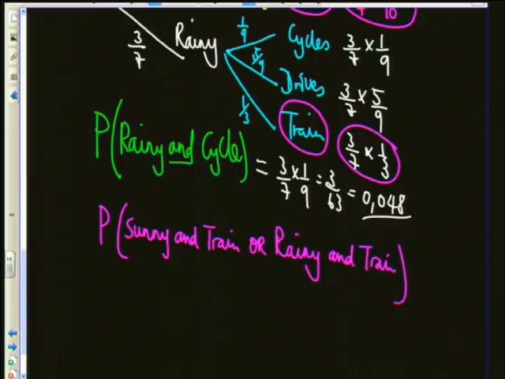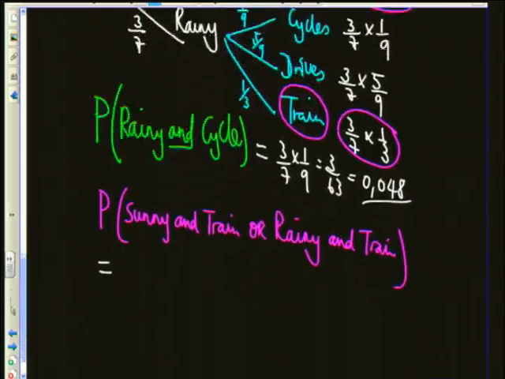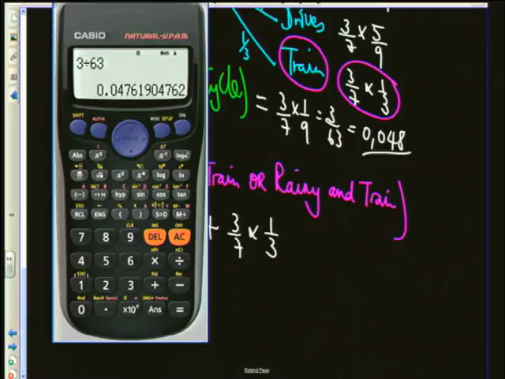So we'd get this one here, 4/7 times 1/10, plus, because remember the or means we're adding the two options, our 3/7 times 1/3. So that would give us some values.